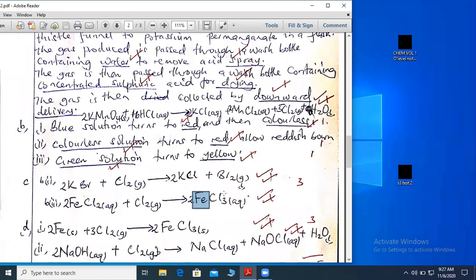That's why iron 3 chloride is like this. And iron 2 means iron is using a valence of 2, so that is our iron 2 chloride. To balance, chlorine atoms are 4 on the left hand side and 3 on the right hand side. So put a 2 to make them 6, and that's what you get.